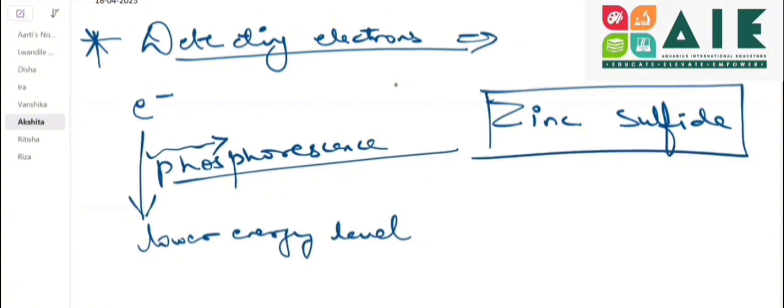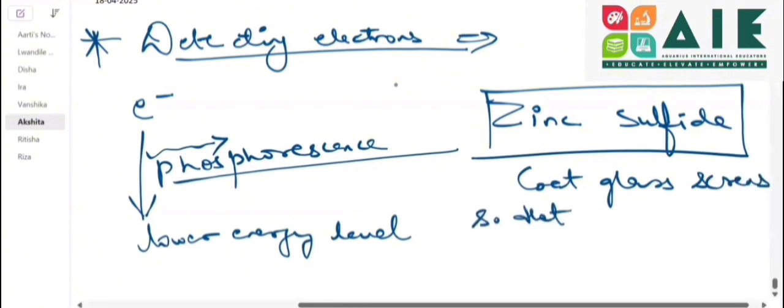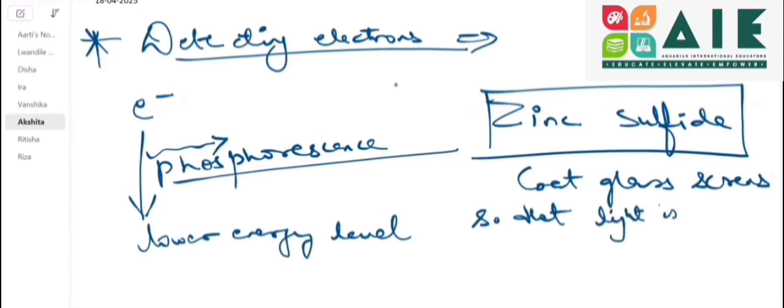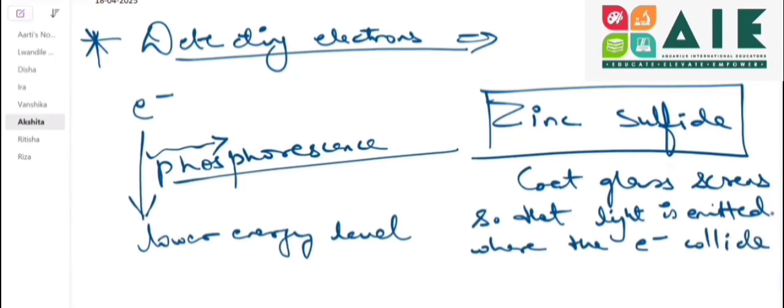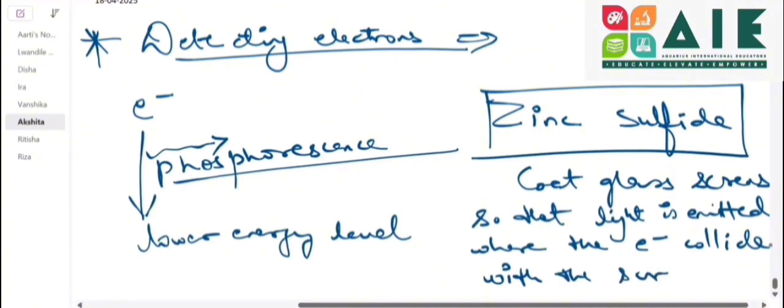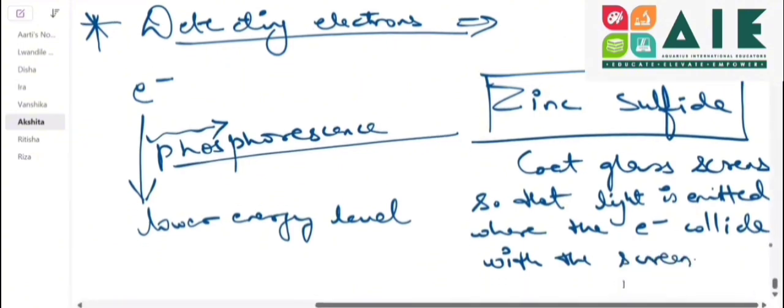is one such element which is used to coat the glass screens so that the light is emitted where the electrons collide with the screen.